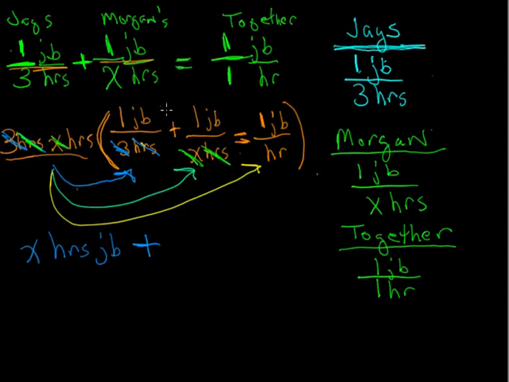So I'm left with a 3 hours job. And finally, when I come across to the other side of the equal sign, an hours cancels, but the 3 and the x are still there. So I get 3x job.